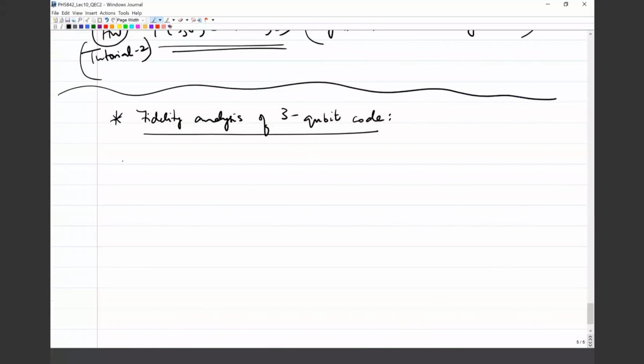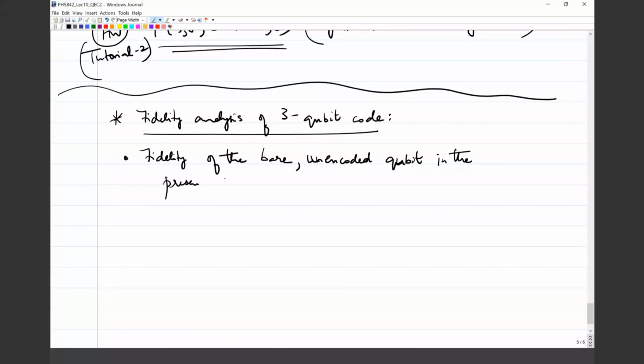So the first thing I want to discuss is what is the fidelity of the raw unencoded qubit, we call this the bare qubit, in the presence of bit flip noise.